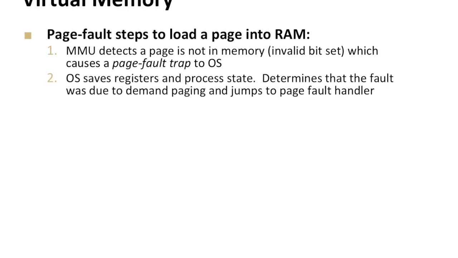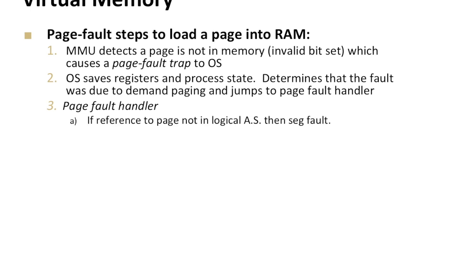We're going to save the current state of that process and determine why we are getting this fault. We're going to jump to the page fault handler. And the page fault handler is going to do this. If we're referencing a page that's not in our logical address space, then we're going to segfault, just like we were doing before.